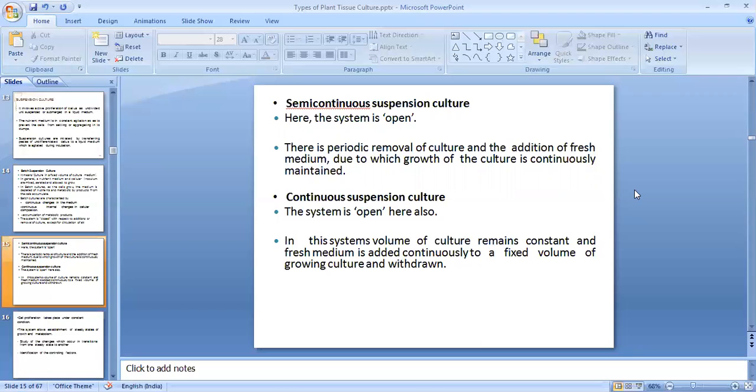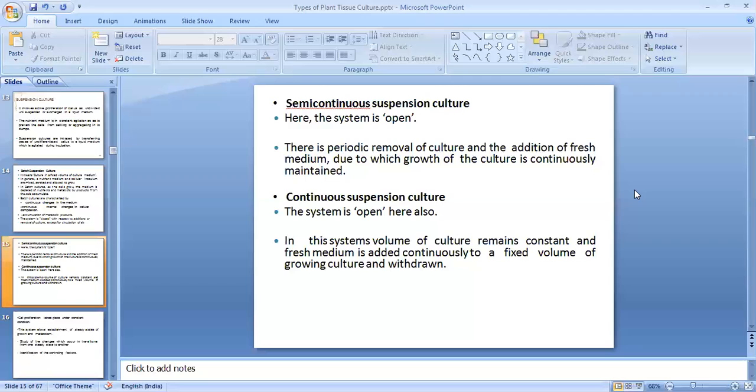And next one is the continuous suspension culture. Here also it is an open system of suspension culture, and in this system the volume of the culture remains constant. How does it remain constant?